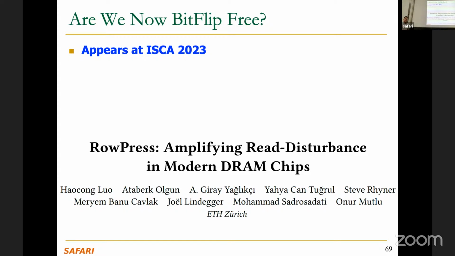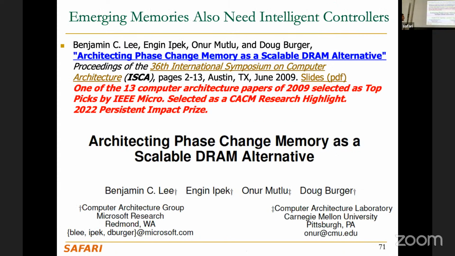So basically, this is just to say that this reliability issue of DRAM is not only not improving, but also getting worse, and not only because of RowHammer. There are other stubborn phenomena which now we can produce because of this scaling problem. So this is the RowPress architecture.